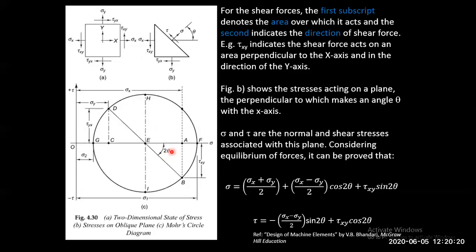Then finding the stresses, that is sigma 1 and sigma 2, these two are nothing but our principal stresses. This is the easiest way to find the principal stresses acting on a biaxial stress system along with the shear.